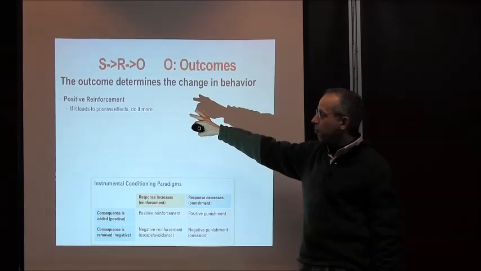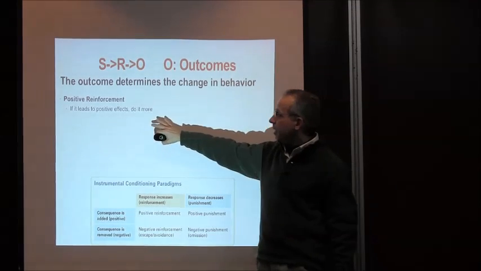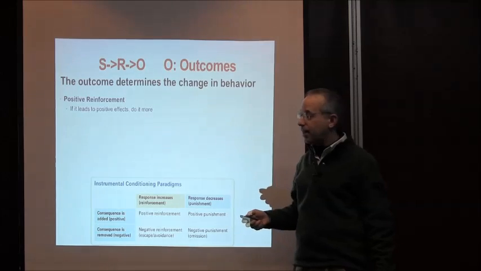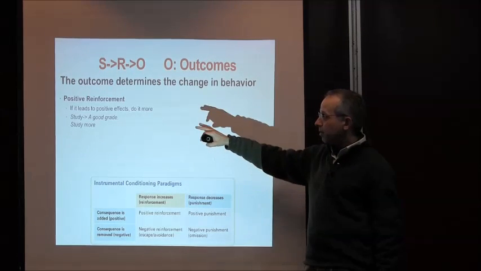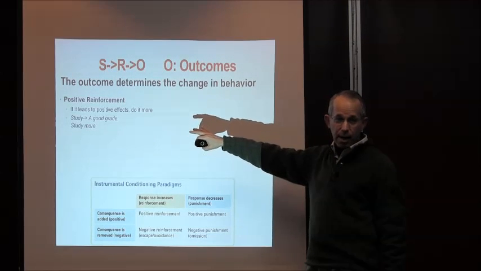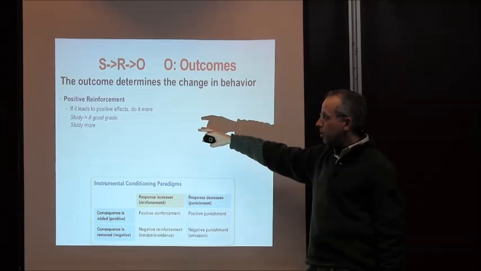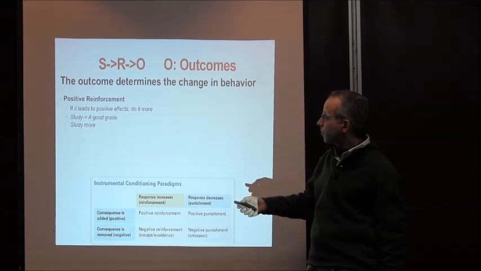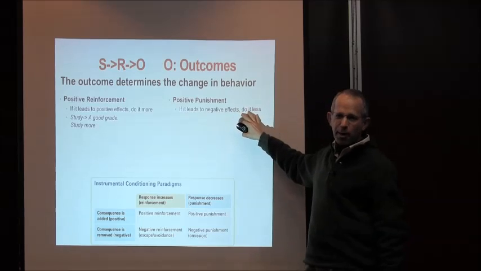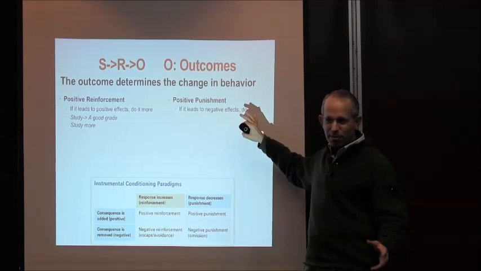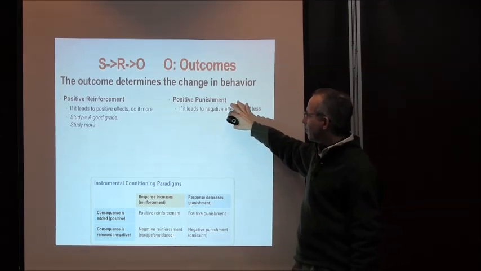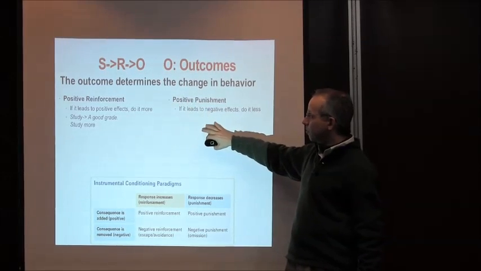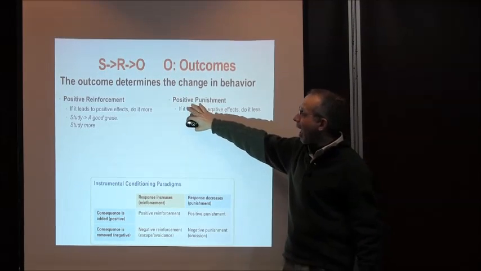So positive reinforcement really is additive reinforcement. If something leads to positive effects, you're going to do more. You're adding something. So if you study and that leads to a positive reinforcement, you will therefore study more, because something good happened. Positive punishment, if you think of positive as valence, can be confusing, but think of this as additive punishment.